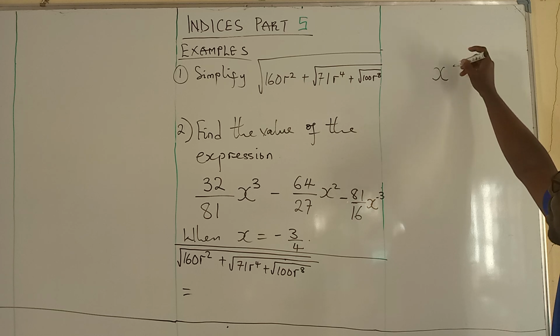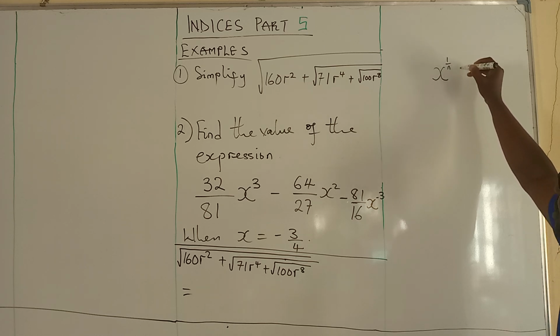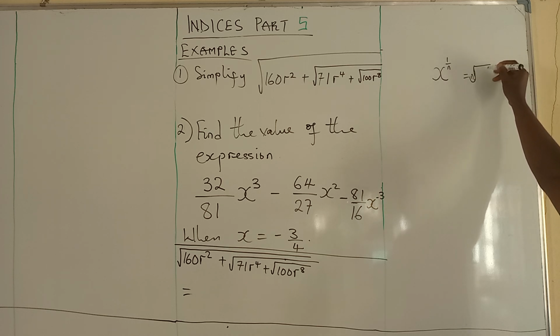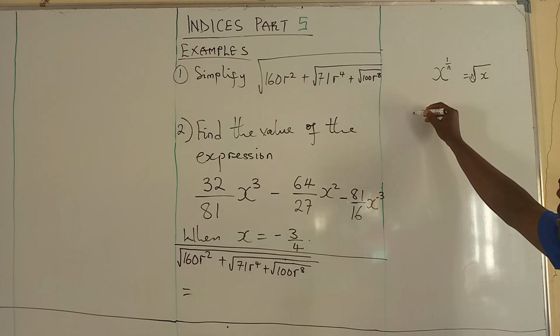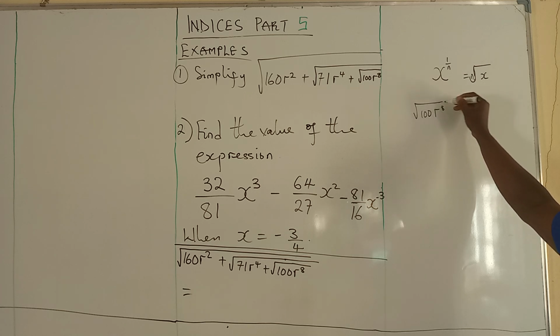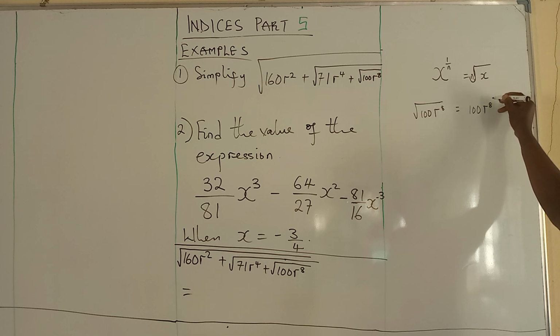Laws of indices: if you have x raised to power 1 over n, it is simply the same thing as the nth root of x. Which means that the square root of 100r raised to power 8 is the same thing as 100r raised to power 8, raised to the power 1 over 2.